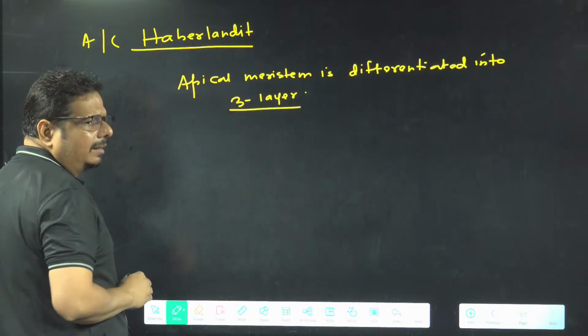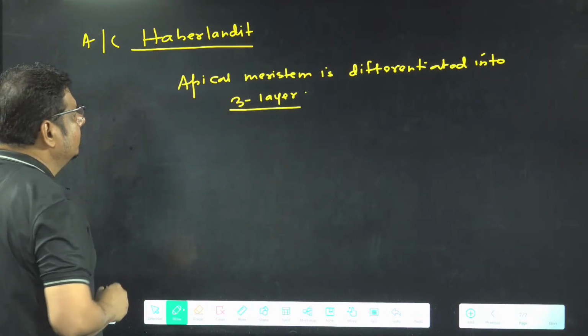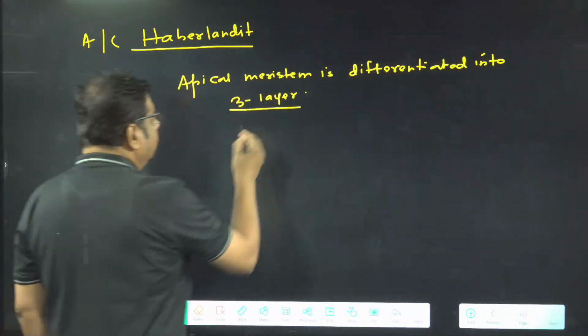How many layers? 3 layers. Haberlandt told apical meristem is differentiated into 3 layers.